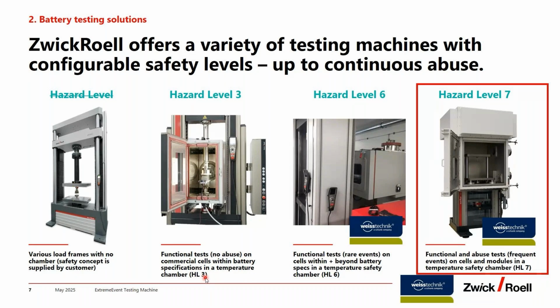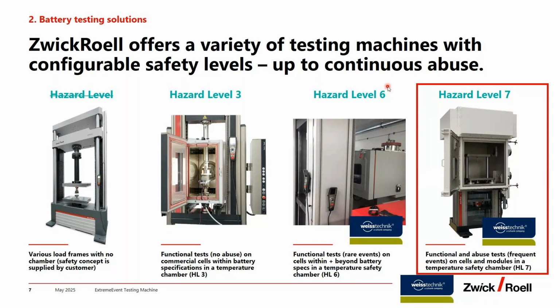If you go one step further, then we realized together with Weiss Technik one solution where it can go up to hazard level 6. This means there will be no explosion. Here in this case, we used inerting the chamber, so that if a fire occurs, we can more or less control the fire.